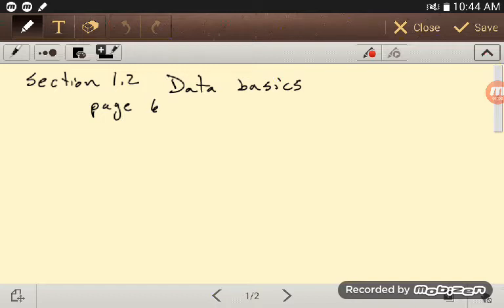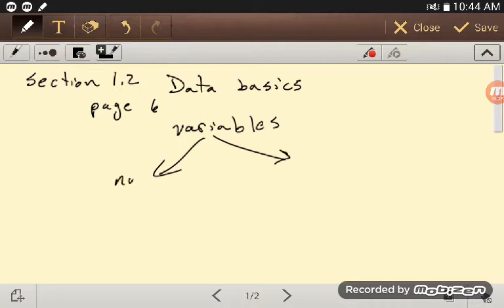So okay, page 6, all variables, and so here we have variables, and I want to point you to this chart. It mentions we can go one of two ways. We can go to numerical, and we can go to categorical. Now, numerical is usually pretty straightforward.